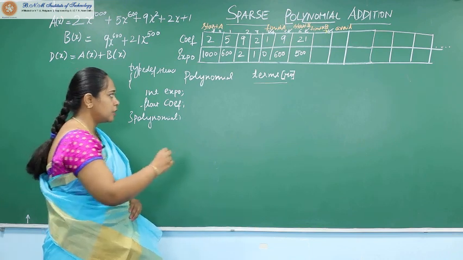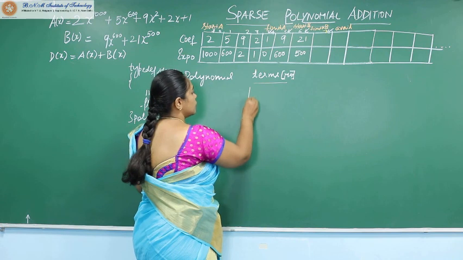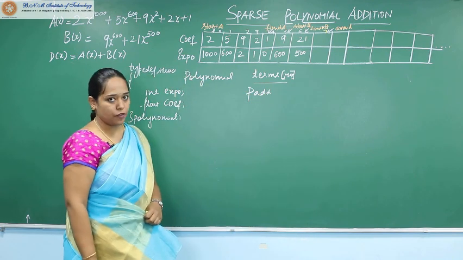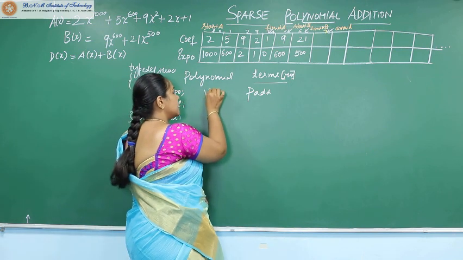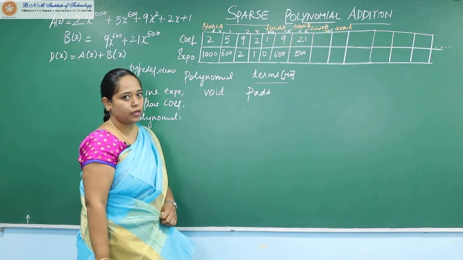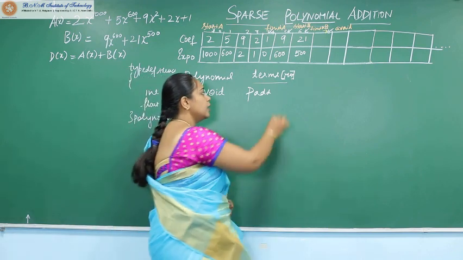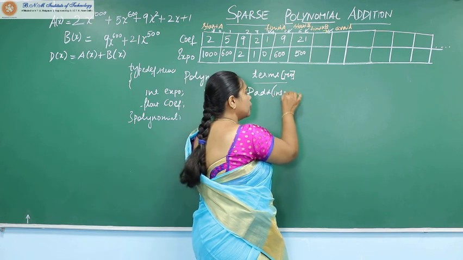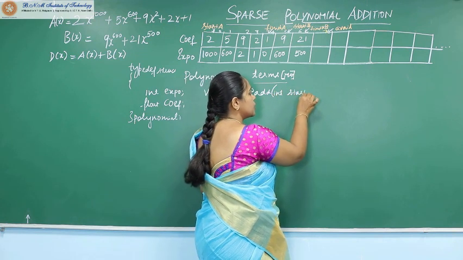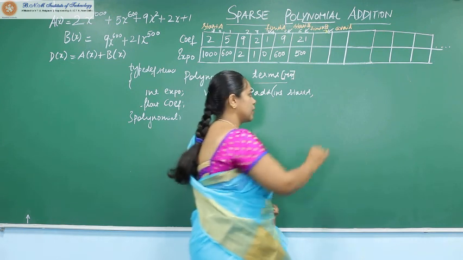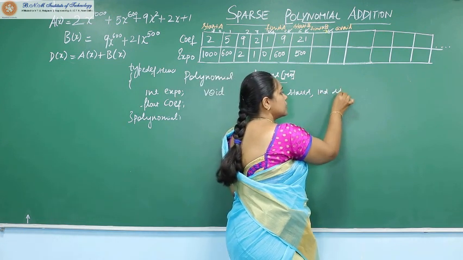So let's start writing the code for it. Let's call the function padd. So padd is the function name. The return type of this function is void. Let's see what parameters it takes. The first parameter I would give for this function is startA, which is the index of the terms array. The next parameter is startB.